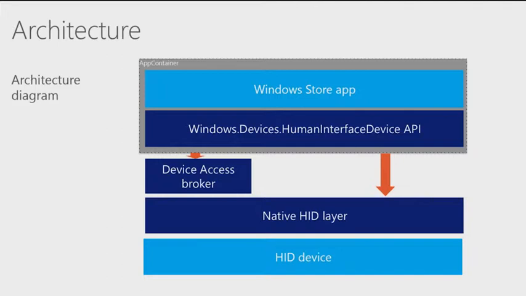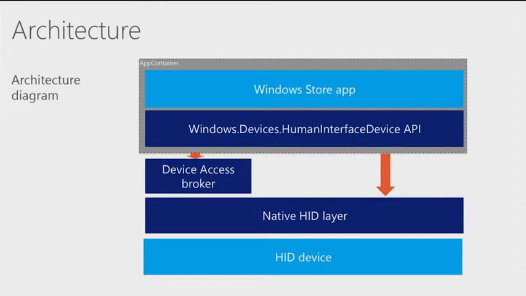Windows.Devices.HumanInterfaceDevice API, is hosted inside the app and in the app container process. And there is an access broker, which is not an app container, but this is what gates access to your device and allows the user to be in control at all times of the experience between the app and the device.